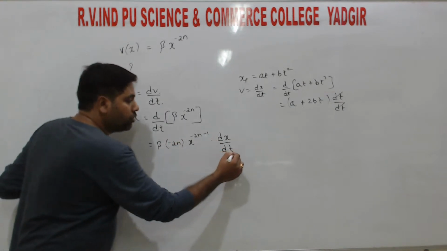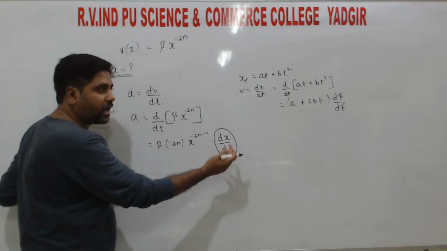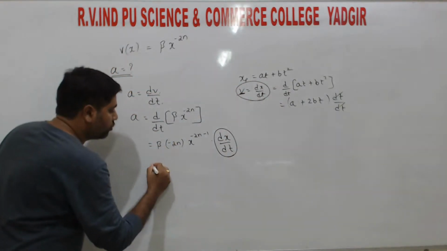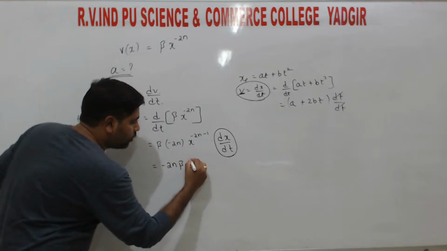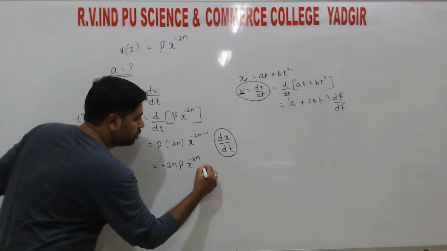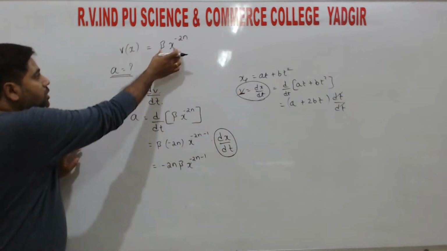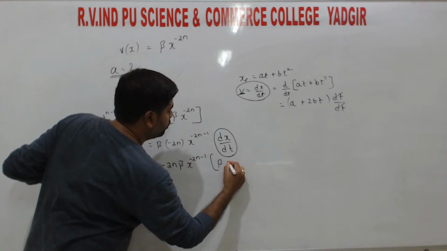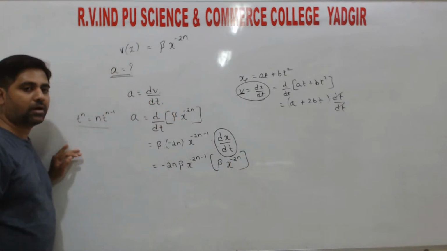And also we know dx by dt is change in displacement with respect to time, we call that velocity, right? So here minus 2n beta x power minus 2n minus 1. So dx by dt is what? Velocity, and velocity they have given as beta into x power minus 2n, right?